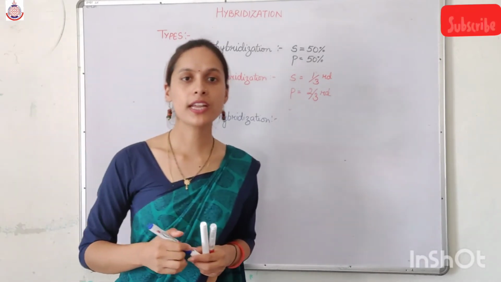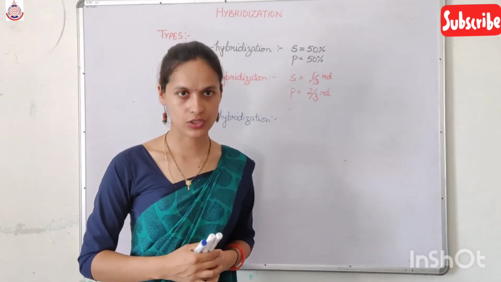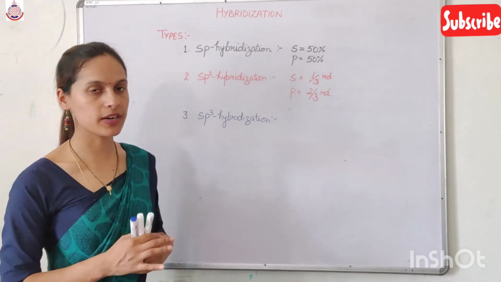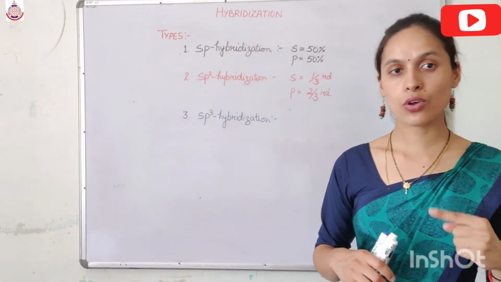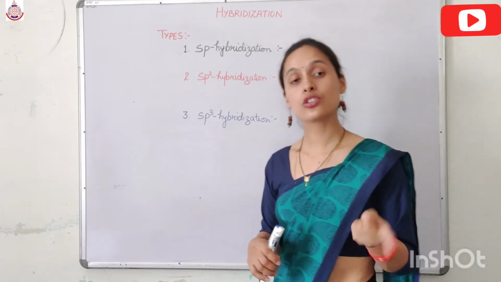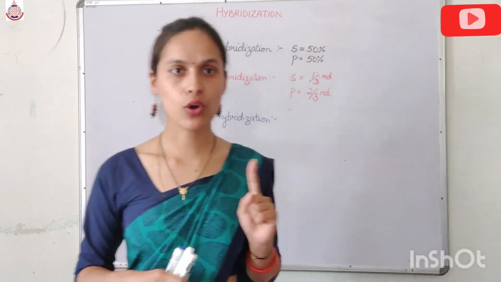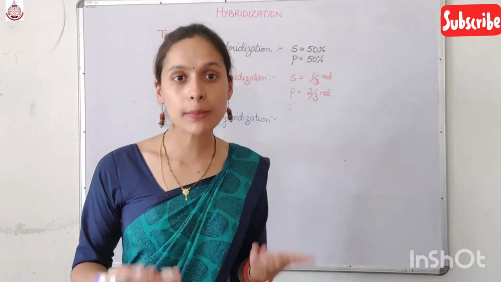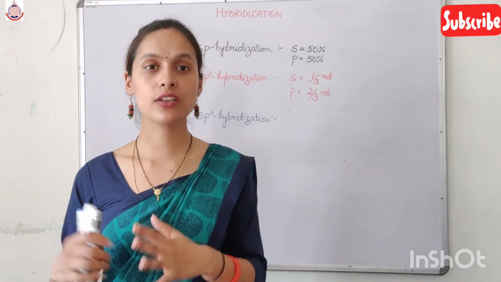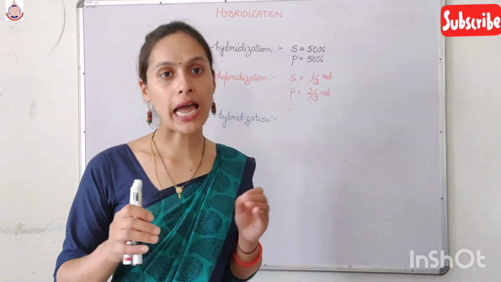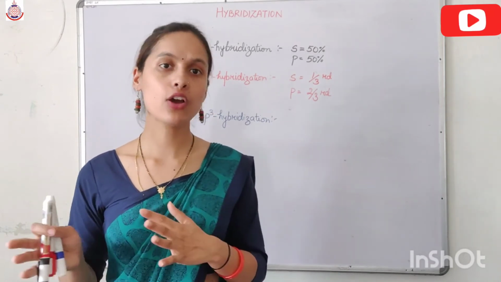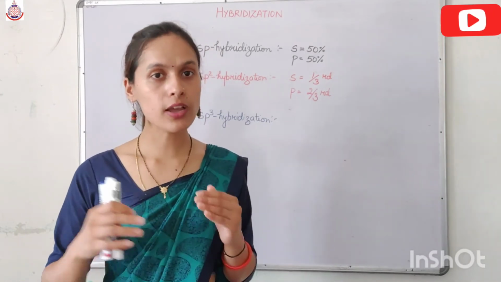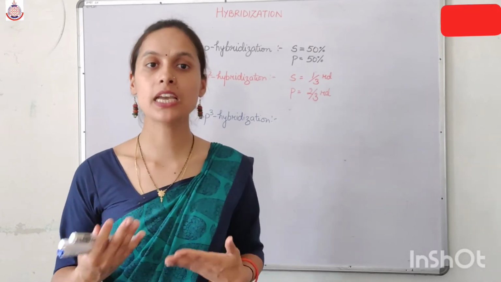If I talk about sp3 hybridization, in sp3 hybridization, one s orbital is mixed with 3 p orbitals and results in the formation of 4 hybrid orbitals. All the orbitals are named sp3.